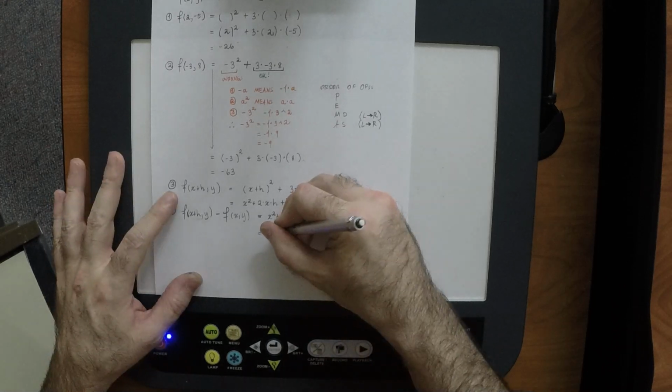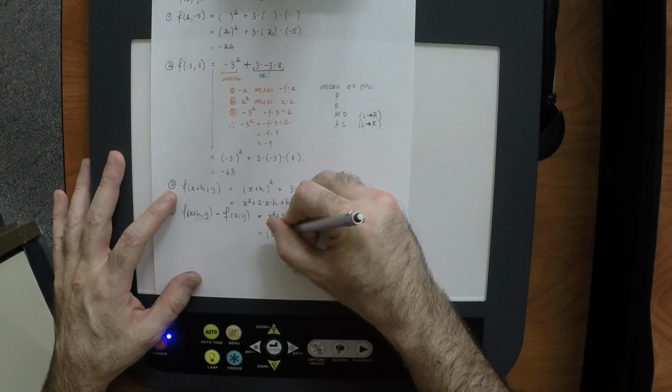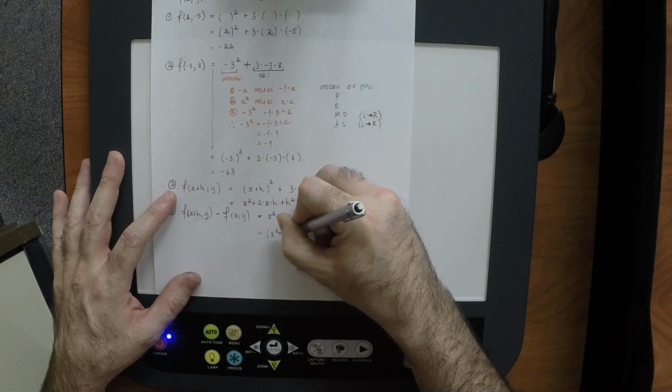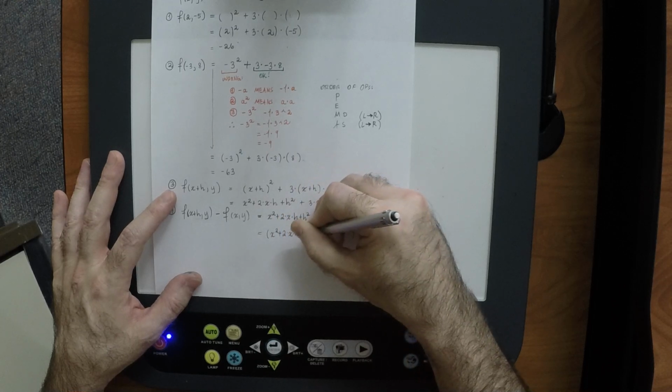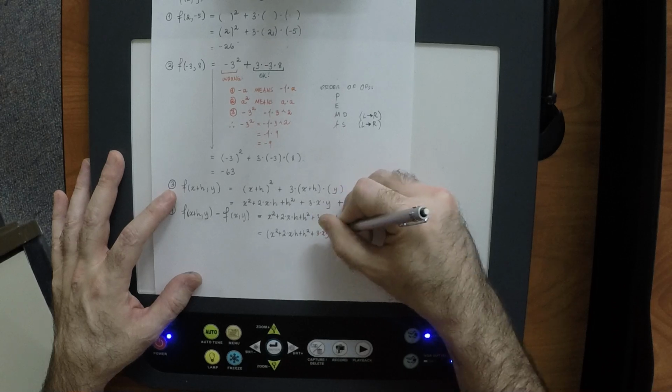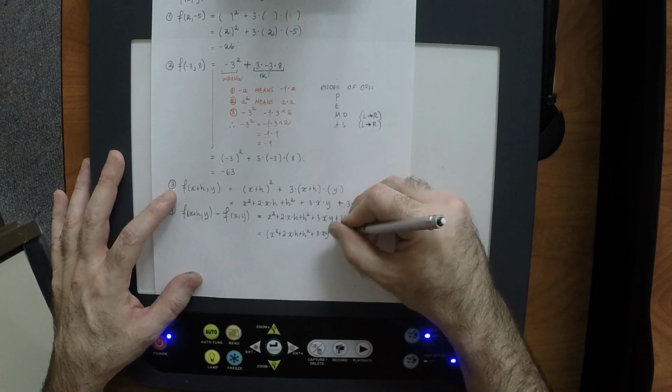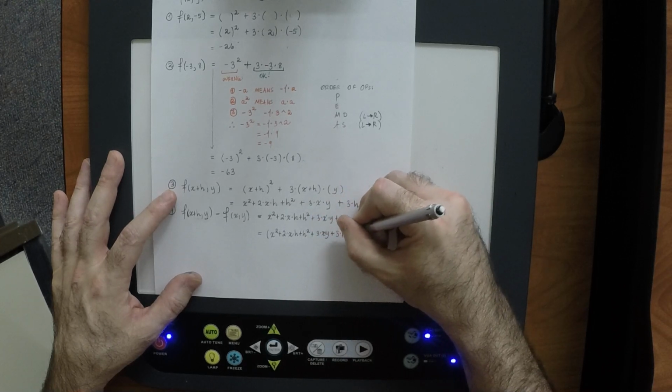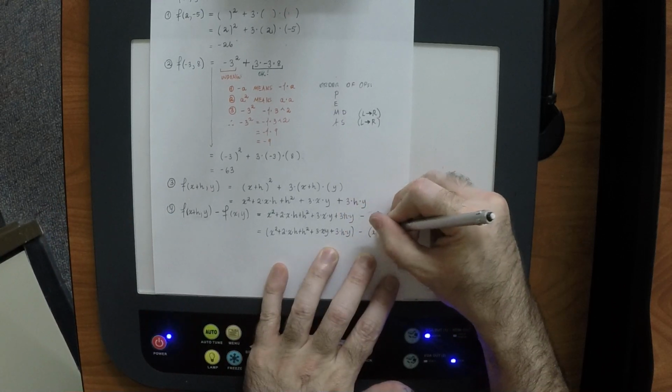So when you have it right, it'll look like x squared plus 2xh plus h squared plus 3xy plus 3hy, and then minus all this stuff.